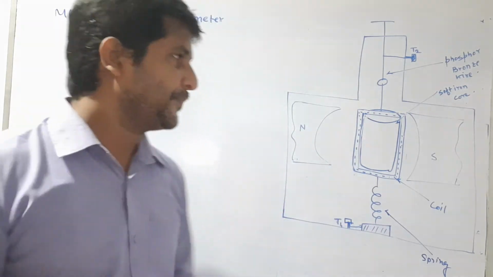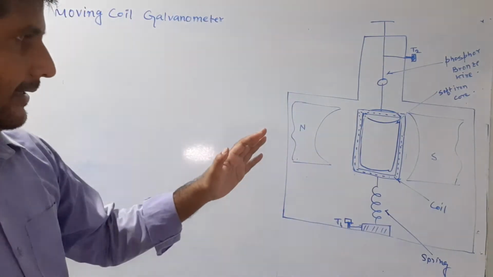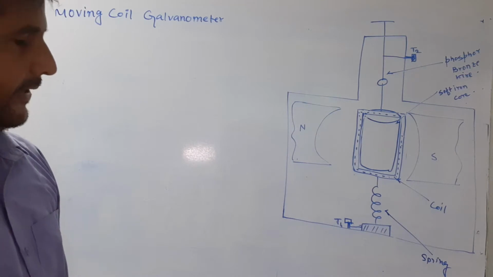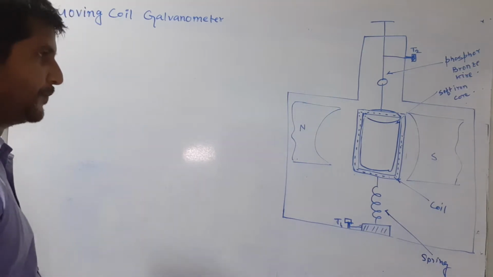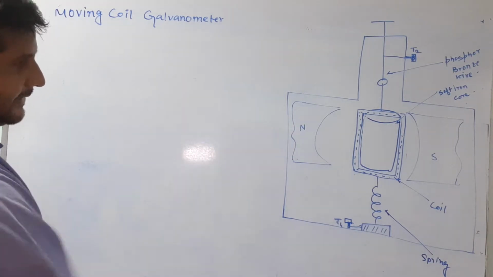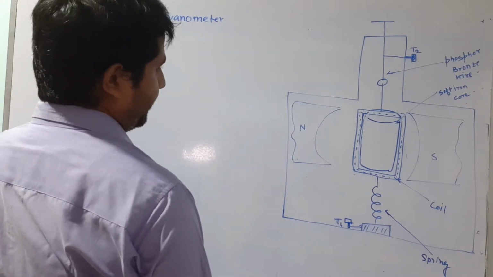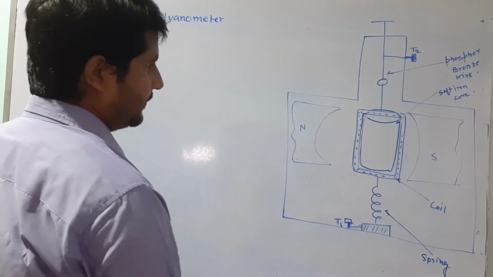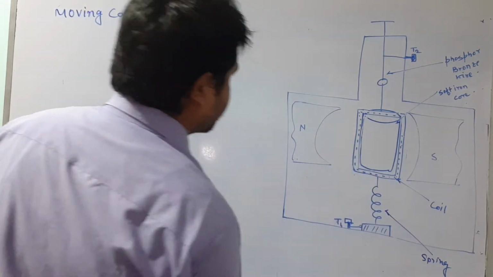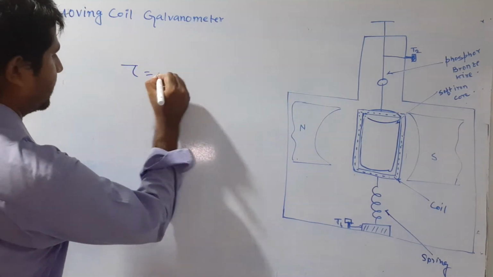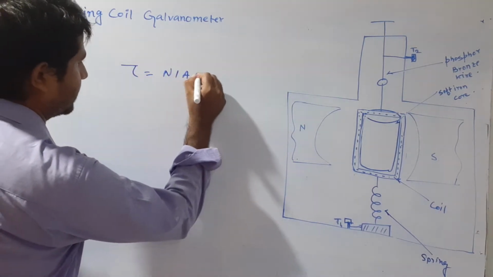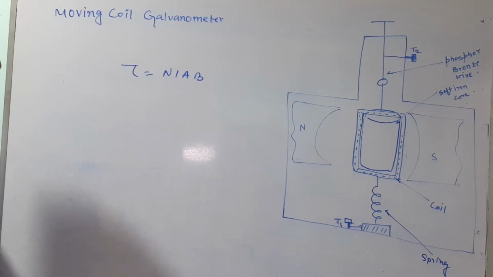That is why the magnetic field is called a radial magnetic field. So for a radial magnetic field, theta is 90 degrees. So the torque experienced by this coil is tau equal to NIAB, since theta is 90 degrees.